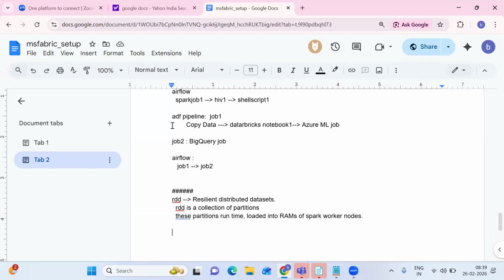If I go with Spark for data processing, what benefits am I getting? One is high speed. Second benefit, parallelism. Third, variety: structured, unstructured, semi-structured, anything, so I don't have any limitations.